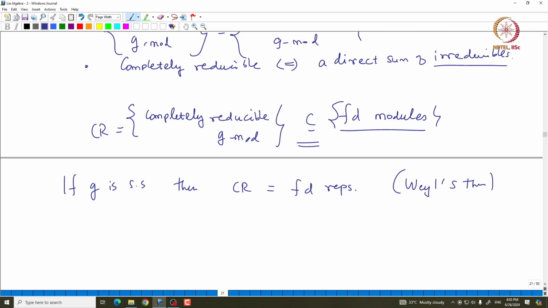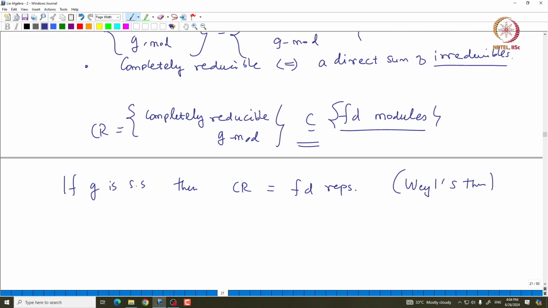In this course we will see how to classify them for GLN and SLN. More or less the ideas are all the same. The highest weight representation theory, developed by D. N. Verma, actually gives all finite dimensional irreducible modules for semi-simple Lie algebras.